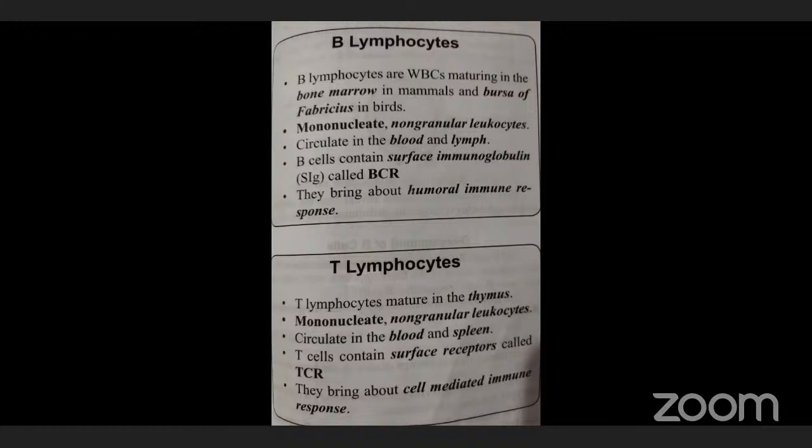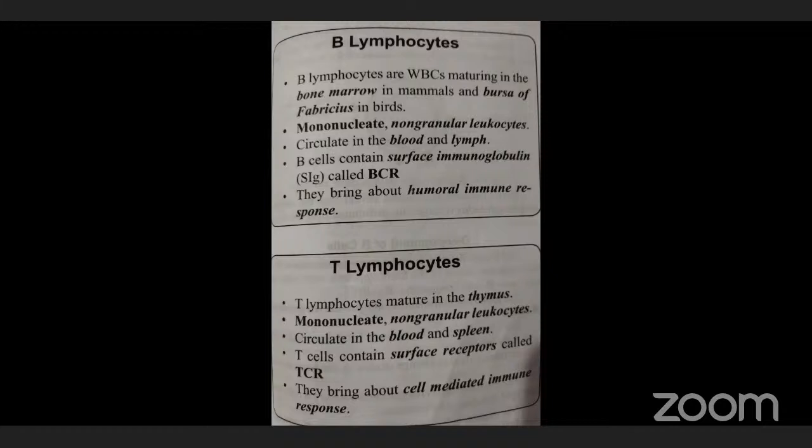So when cells have a tumor or are infected with a virus, these cells show cytotoxicity naturally. That is the important point. They themselves identify the tumor cells and viral infected cells and kill them.